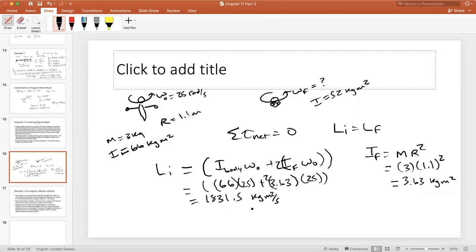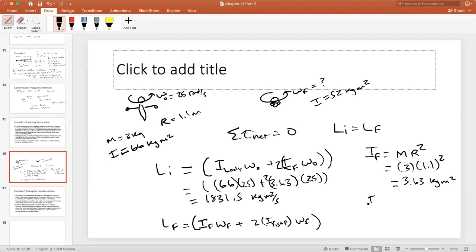Now, what is her L final? Her L final is I final of her body times omega final, plus 2 times I final of her fists times omega final.